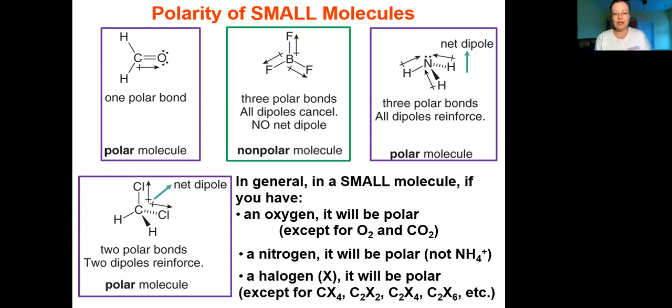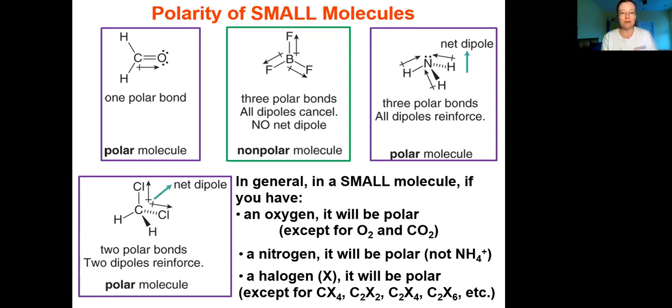Lastly, if you have a halogen, which we represent with the letter X, that's the fluorine, chlorine, bromine, iodine, found in group 7A on the periodic table. If you have those, it's almost always polar, unless you're dealing with the idea where you have a carbon atom or more than one carbon atom in the center, and all of the halogen atoms around the carbon or carbons are identical.